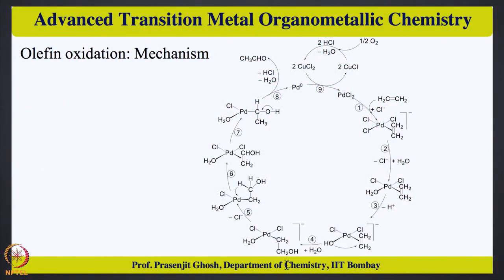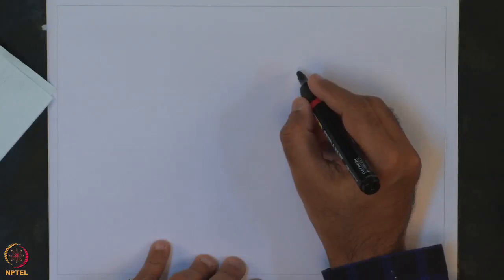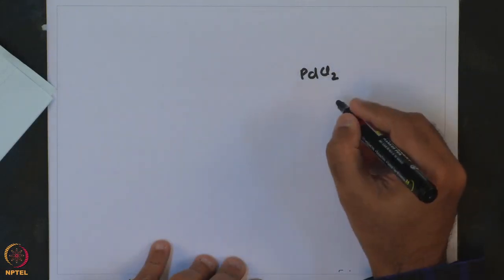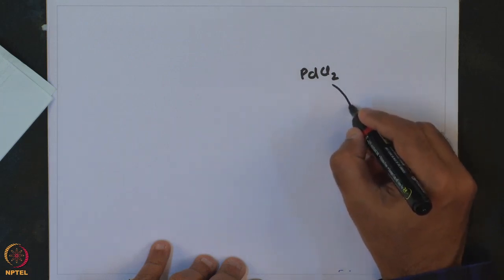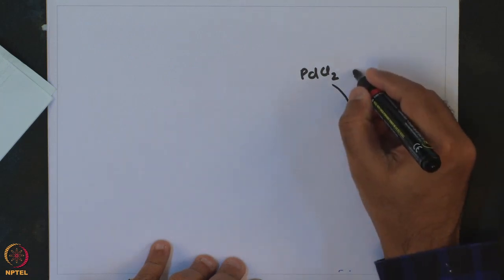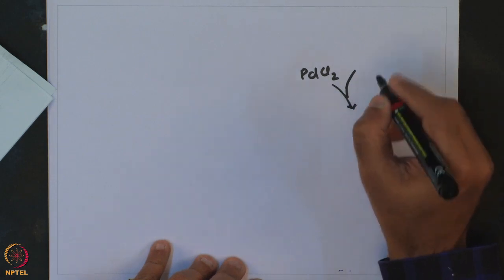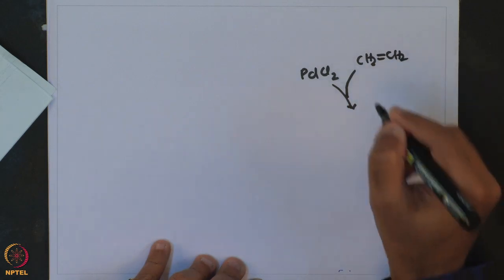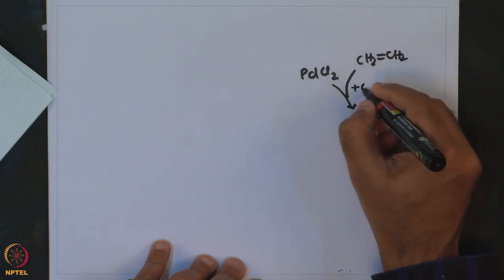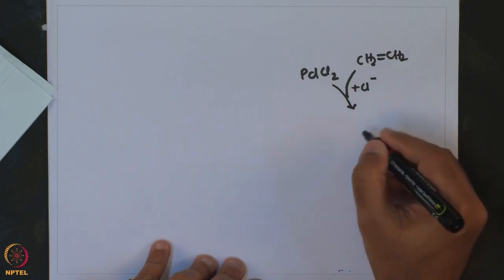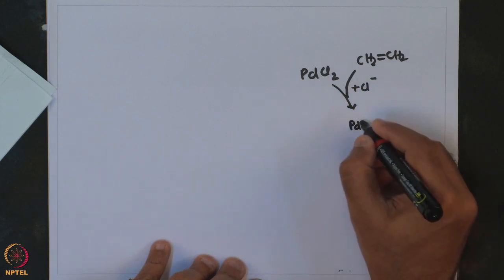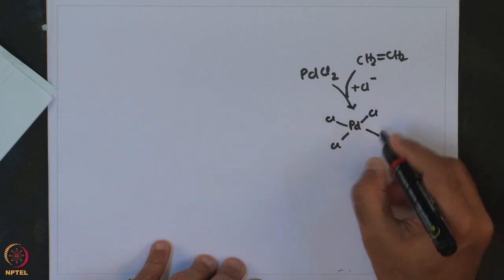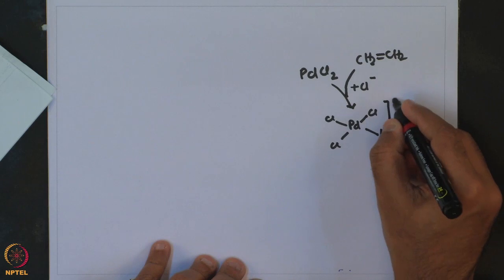The first step involves the reaction of PdCl2 with CH2 plus Cl minus to give this complex, PdCl, Cl, olefin, anionic.